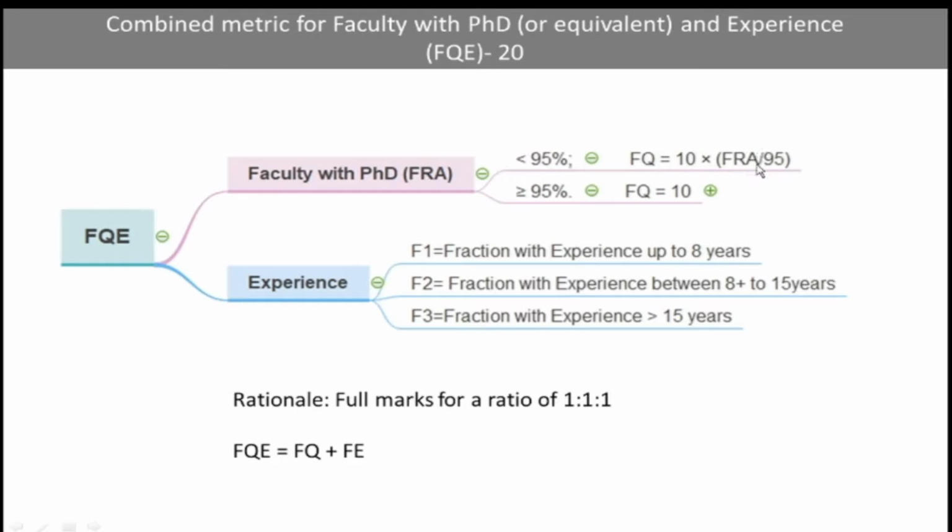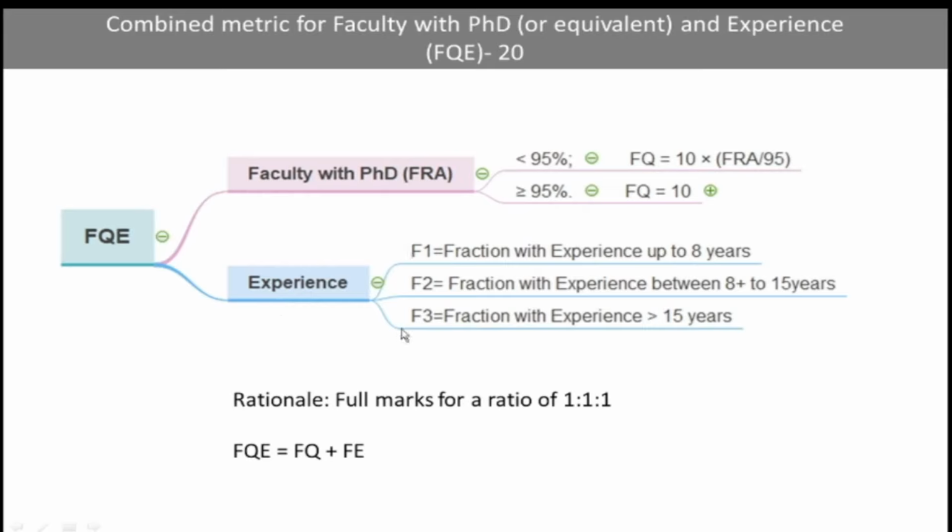So assume that your institution has, say, 85% of faculty with PhD, then the output will be 10 multiplied by 85 upon 95. That means this FQ will be less than 10. So if your institution wants maximum marks under this factor, then it should have 95% or more faculty with PhD.